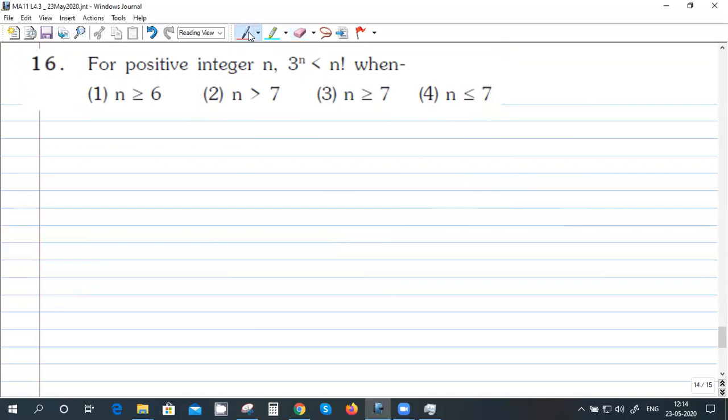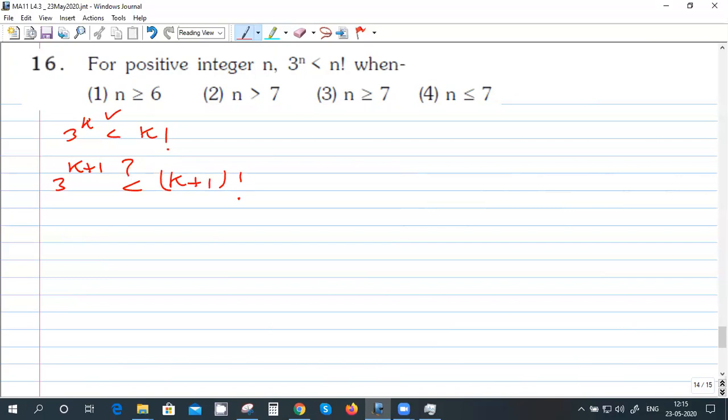Getting it? Assume that 3 raised to the power k is less than k factorial. Assume this one. Now we have to show that p of k plus 1, 3 raised to the power k plus 1, is less than k plus 1 factorial. This you have to show.